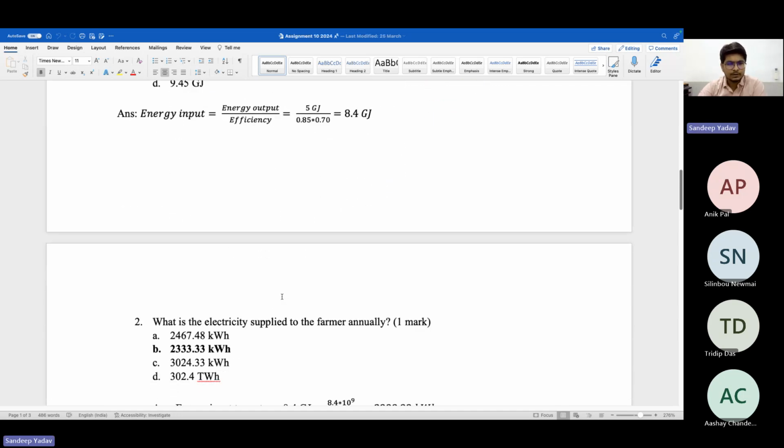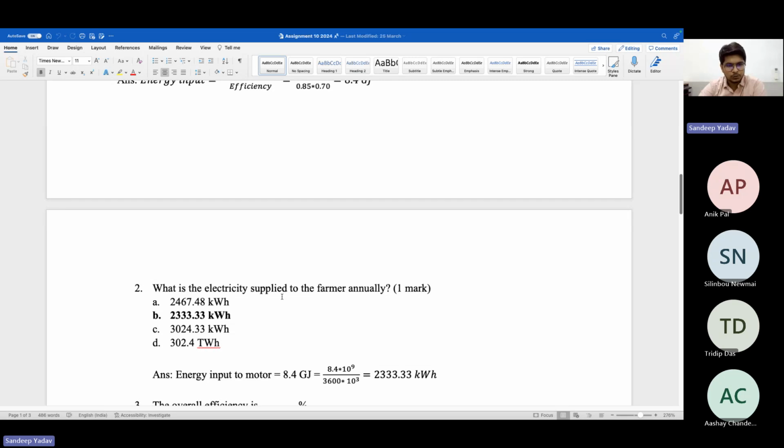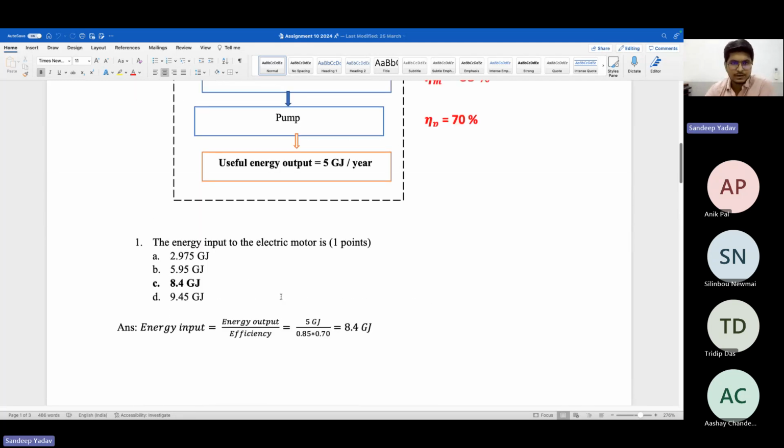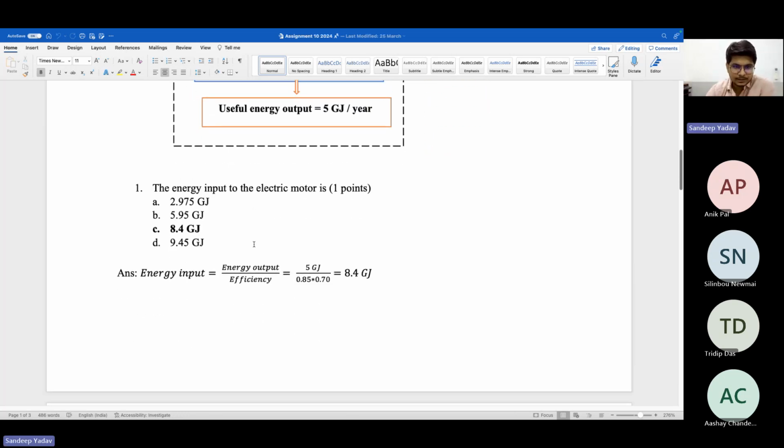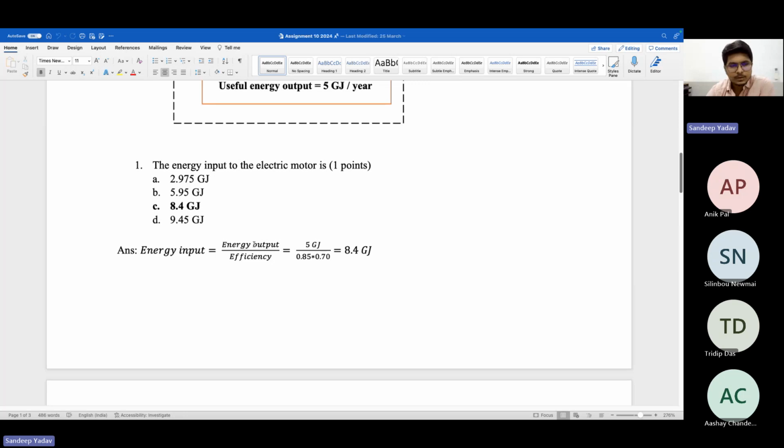So that was a very basic one. Now moving to question number 2. What is the electricity supplied to farmers annually? This is the energy flow rate given, that is 5 gigajoule per year. Now we need to calculate what electricity reaches the farmer.